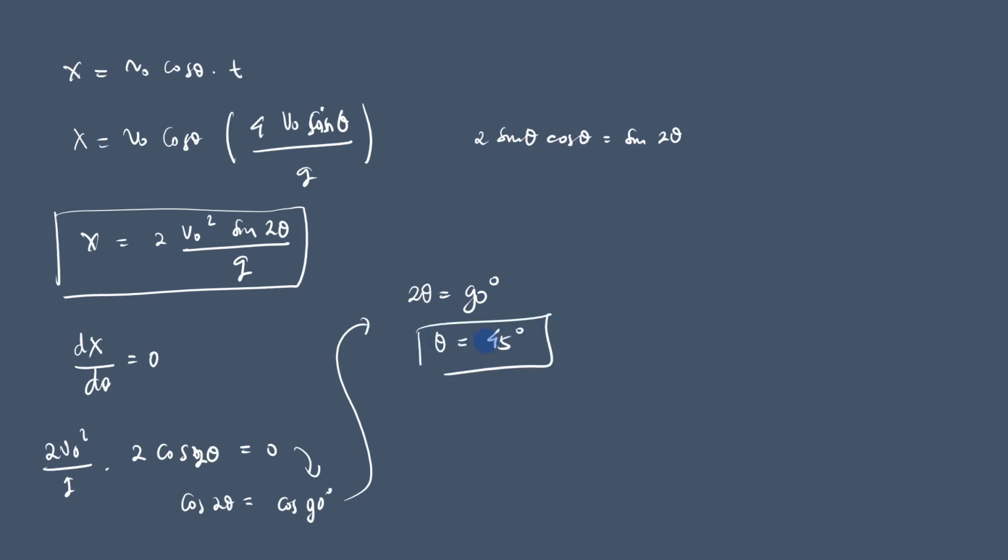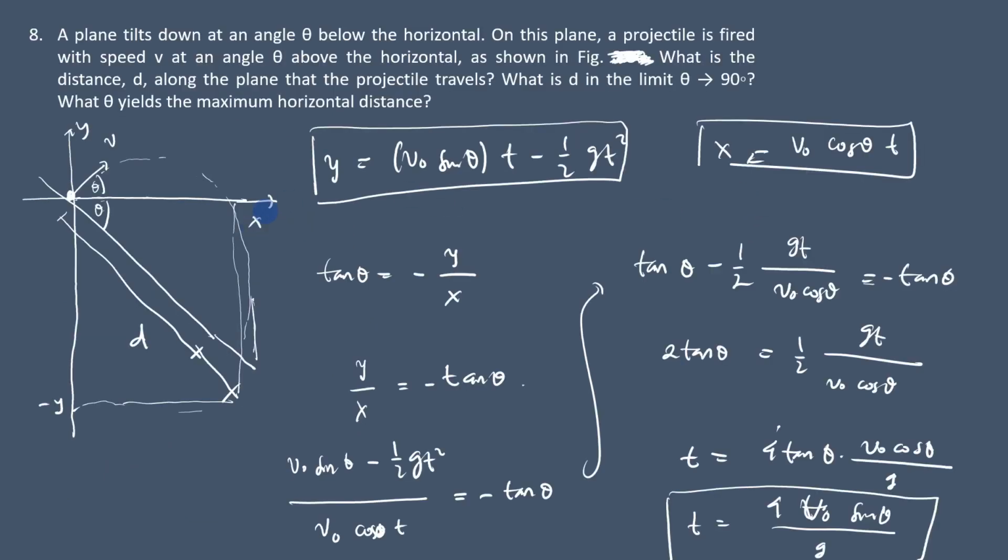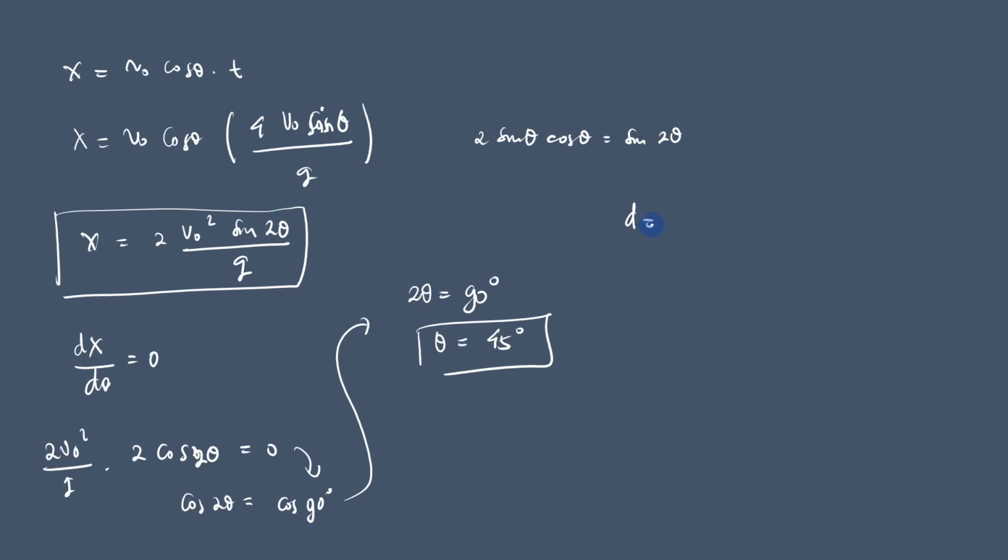And the distance along the plane is t. Geometrically we can write t as x cos θ. And we can substitute x by 2 V0² sin 2θ divided by g, times cos θ.